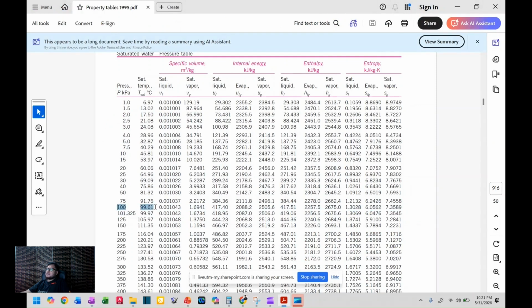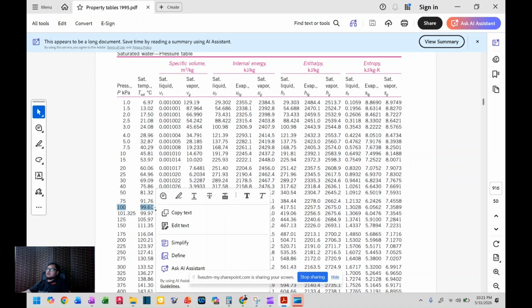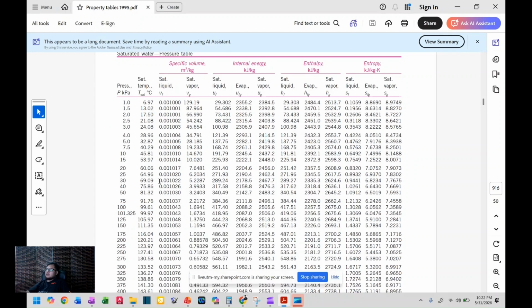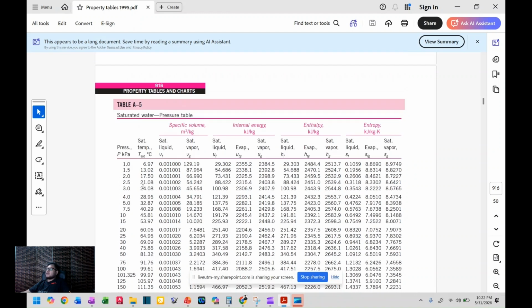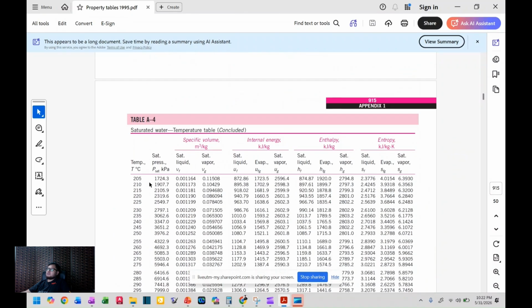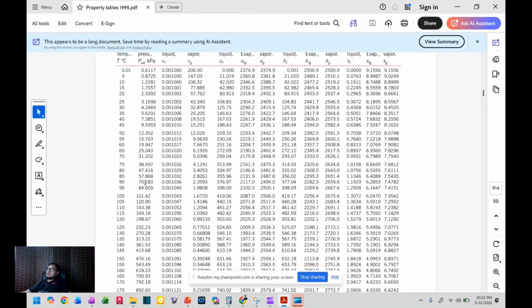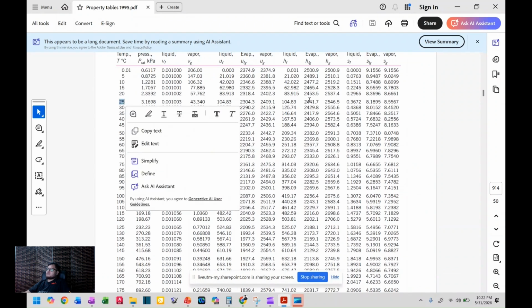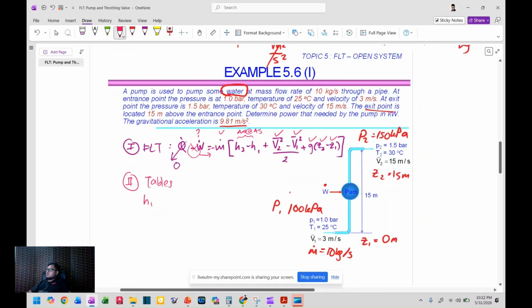So T sat is 99.61 at 100 kilopascals. So we just have 25, which means it is a compressed liquid. And because of that, for compressed liquid, we have to look for A4 table, temperature based table. And at 25 degrees, we have state 1 as compressed liquid.